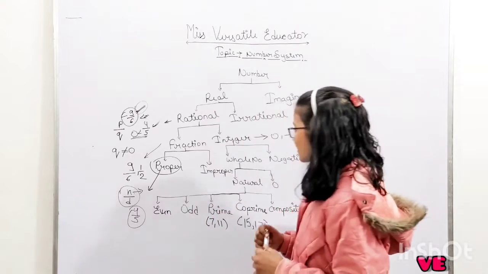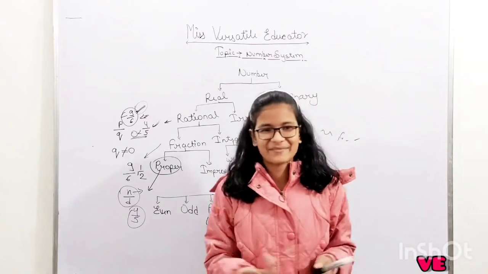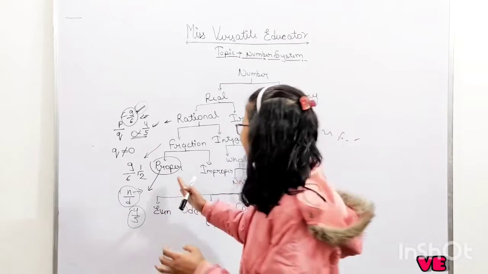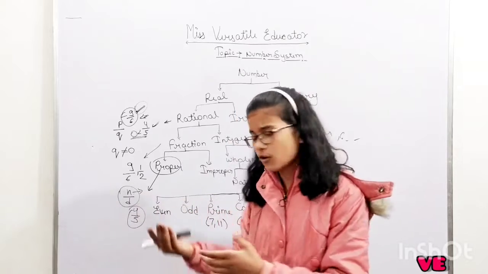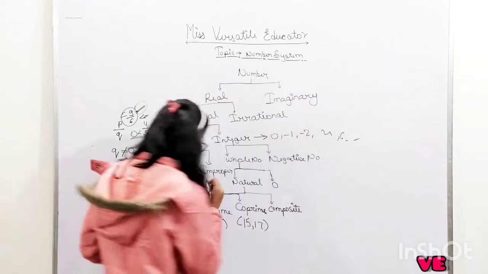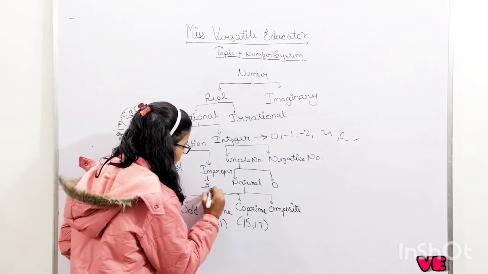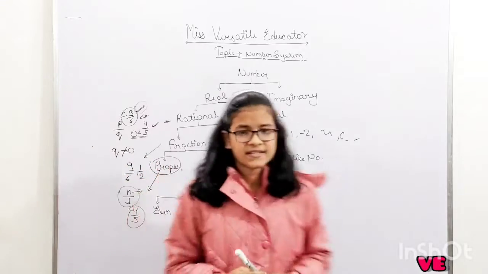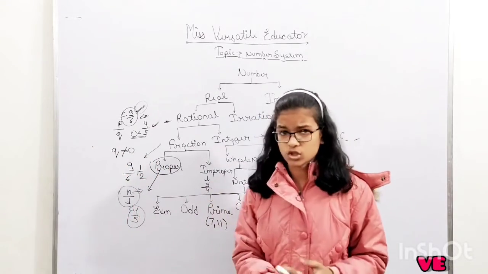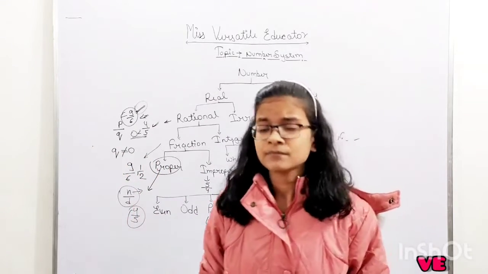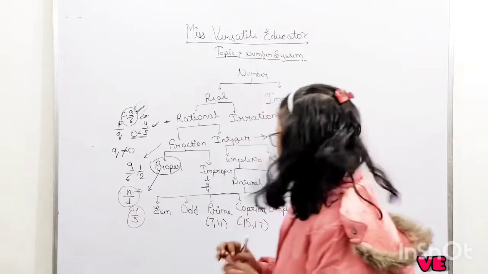Then is the improper fraction. As the name suggests, an improper fraction is just the opposite of a proper fraction. If we write 5 upon 4, that is an improper fraction in which the numerator is greater than the denominator.